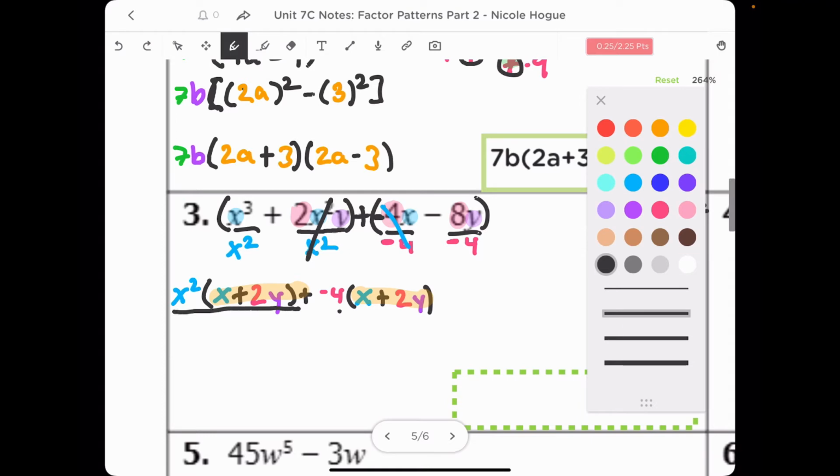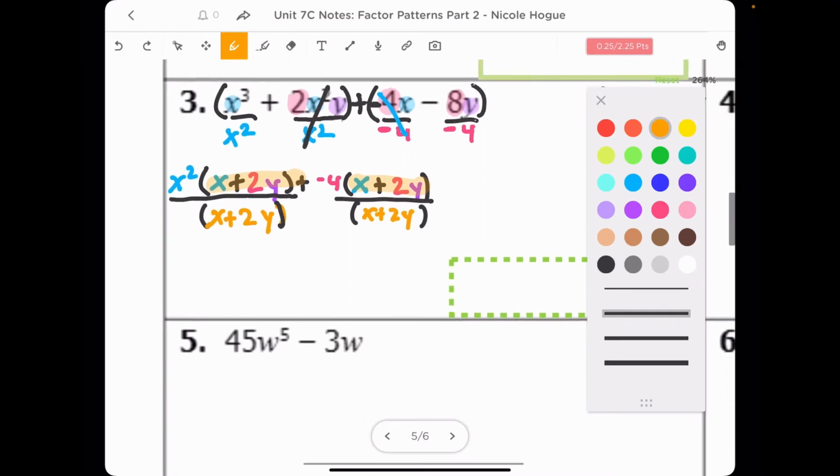So we can factor out an x plus 2y on both of these. That would leave us with x plus 2y times x squared minus 4.